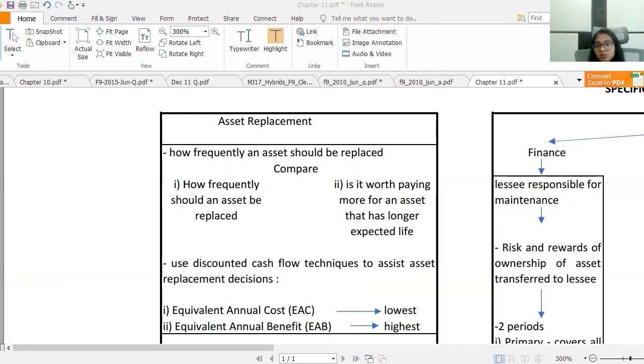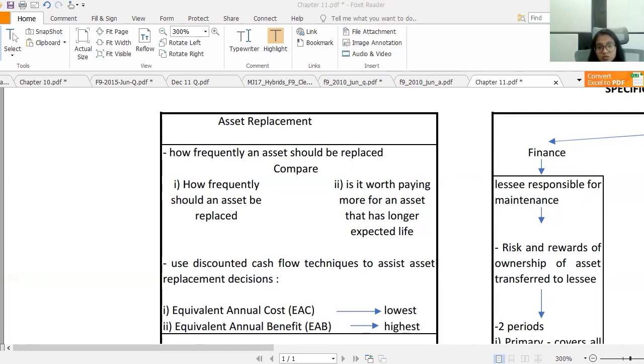and what kind of calculation do you perform? Now when you talk about asset replacement decision, you must also understand that it is a form of discounted cash flow technique. In order for you to decide whether or not to replace the asset, you will calculate the equivalent annual cost.